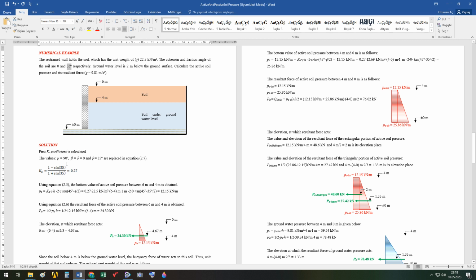First of all, as you see, beta is the soil slope, it's 0. We can use this value conservatively as 0. Friction angle of soil is given and cohesion is also given as 0.